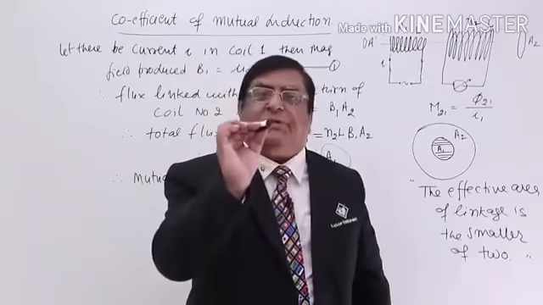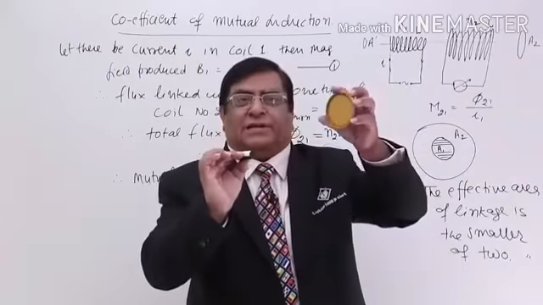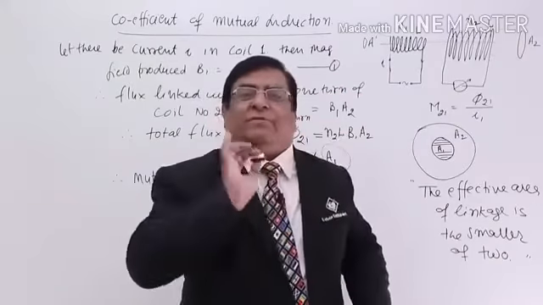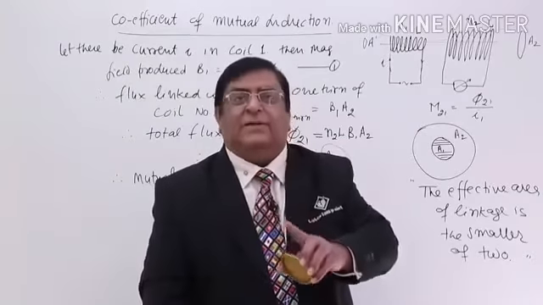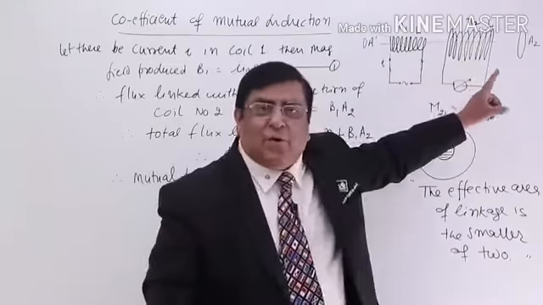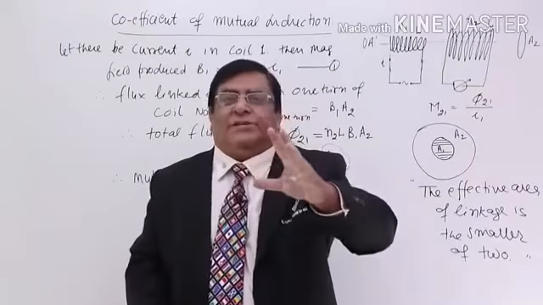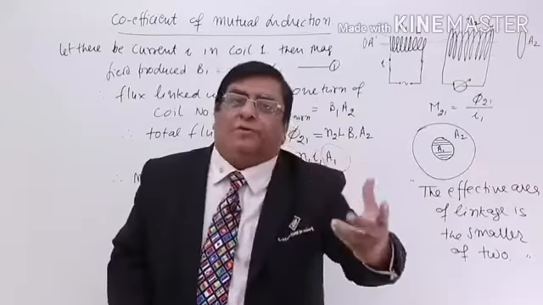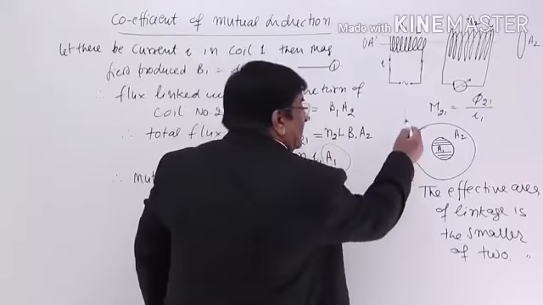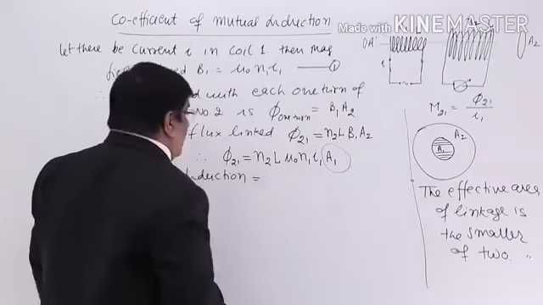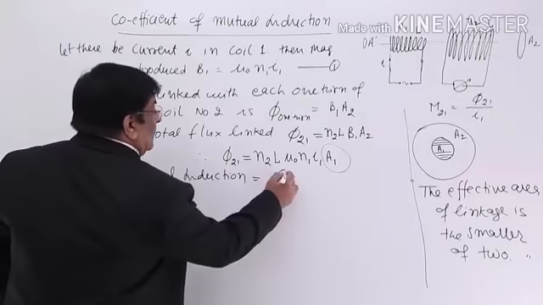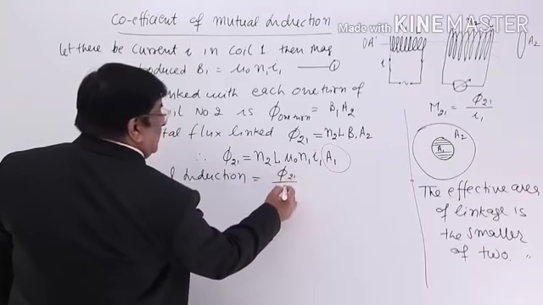If this is producing the magnetic field and linkage is to be done here, then again the area of linkage is the smaller one. So whether we take the magnetic field made by the first coil or by the second coil, the area of linkage will not change. It will always remain the smaller of the two. So we have to take it as A1 in any case by this rule. Please remember this. Okay, so mutual induction is phi upon current.